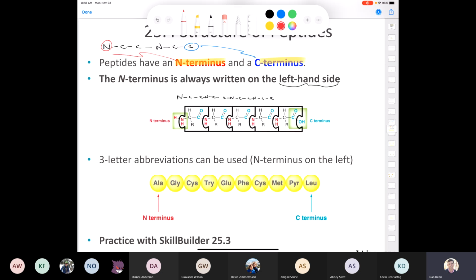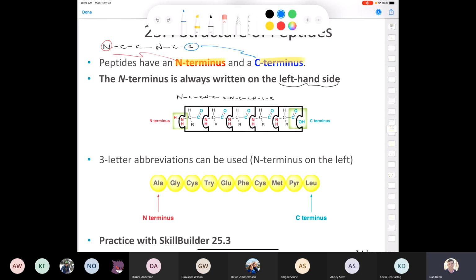So instead of using the full names of amino acids, they like to use abbreviations like alanine, so they use ALA, glycine, cysteine, tryptophan, glutamine, right? So on and so forth. They have these shorthand 3-letter abbreviations. If you enroll in biochemistry at UCCS, you'll be asked to memorize those, and you'll also be asked to memorize the 1-letter abbreviations.